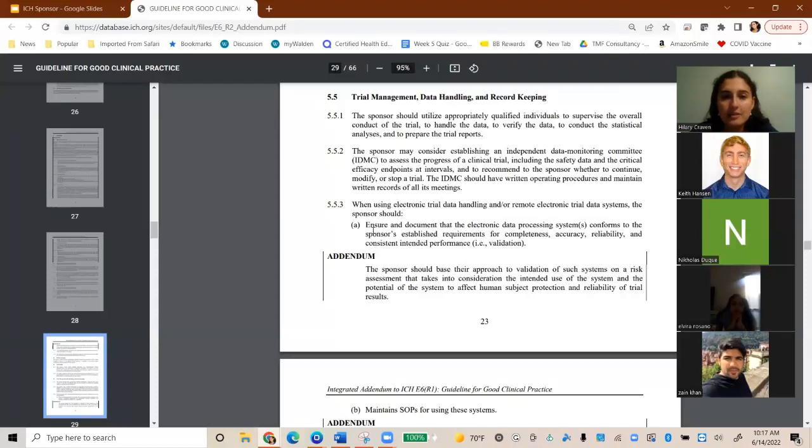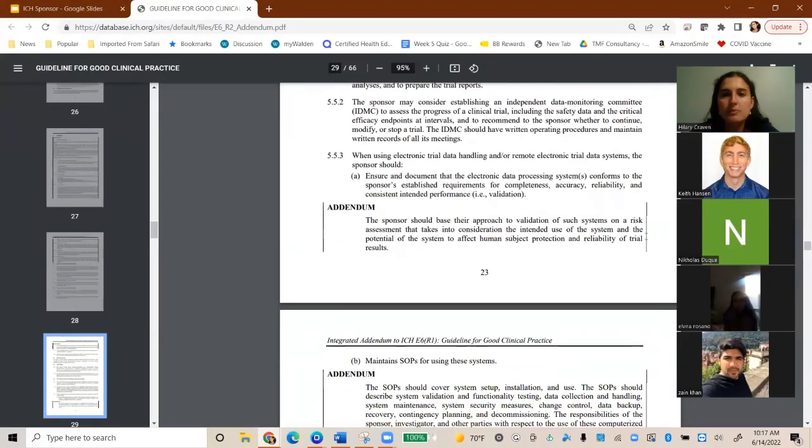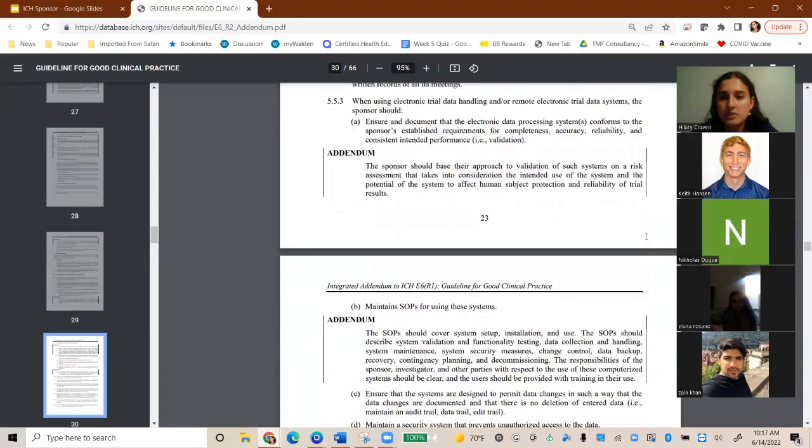All right, and then this next section: when using electronic data handling and remote electronic trial data systems, the sponsor should ensure that the electronic data processing system conforms to the sponsor's established requirements for completeness, accuracy, reliability, and consistent intended performance. So that's part of a validation process of your system.